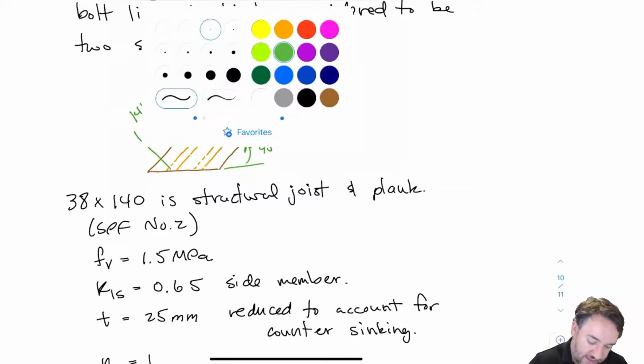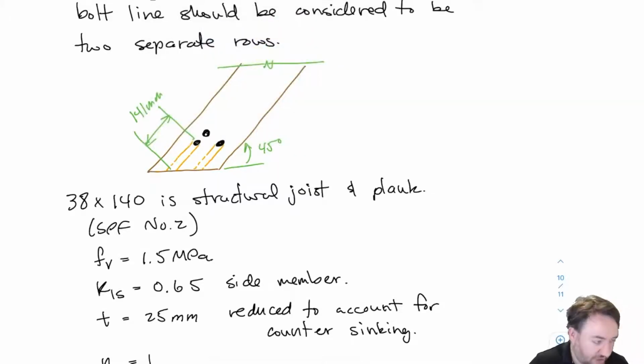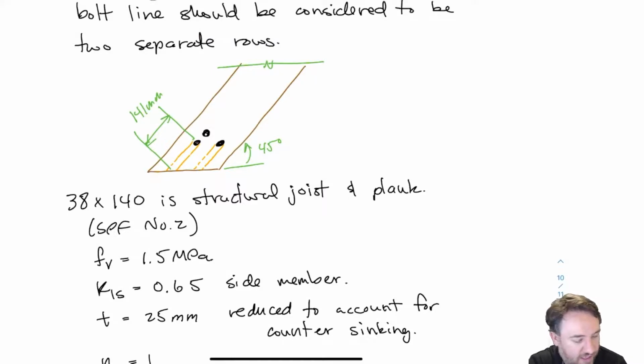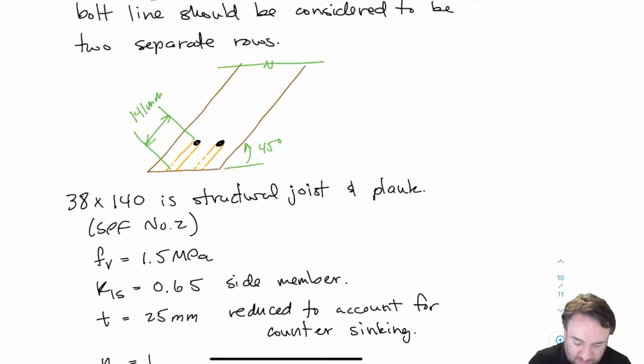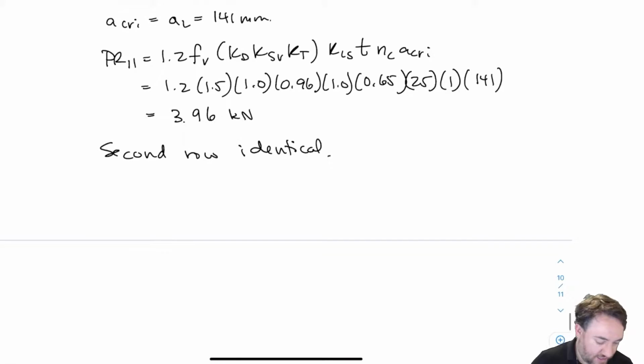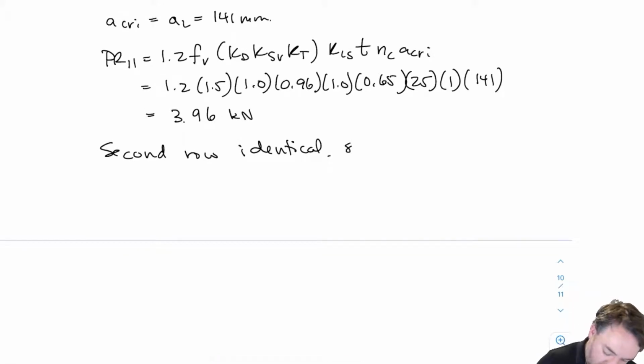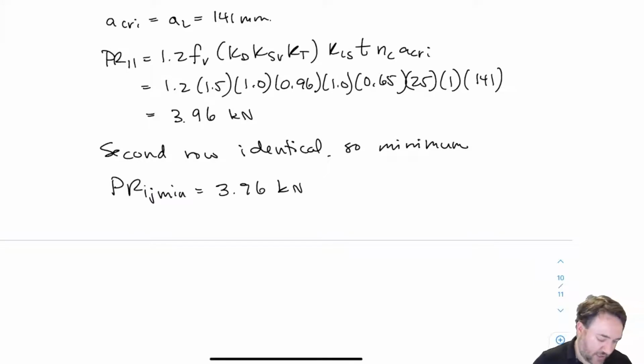If we had this one out a little further, and that had a longer AL, then I would again calculate for both rows what the row shear strength is, and then I would take the minimum, which would then be this one if it was closer to the end. In this case, they are identical, so the minimum PRIJ min is the same, 3.96 kilonewtons.